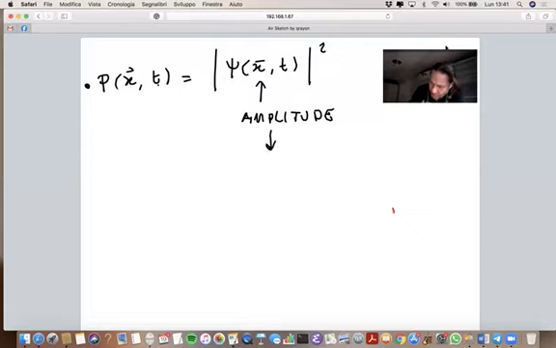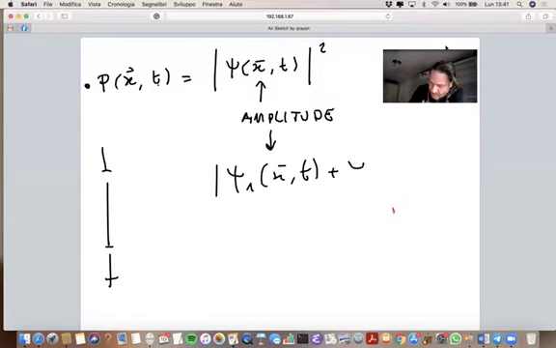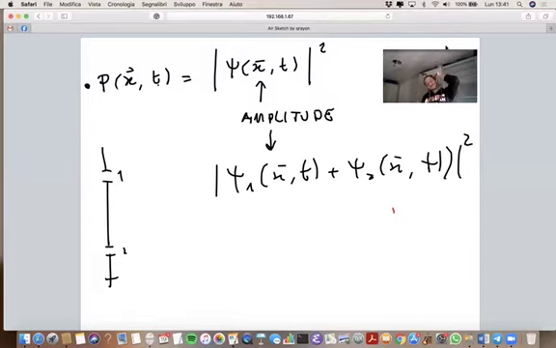For a two-hole experiment, you can think of this amplitude as being the sum of independent waves going through different holes. So that's how waves behave.